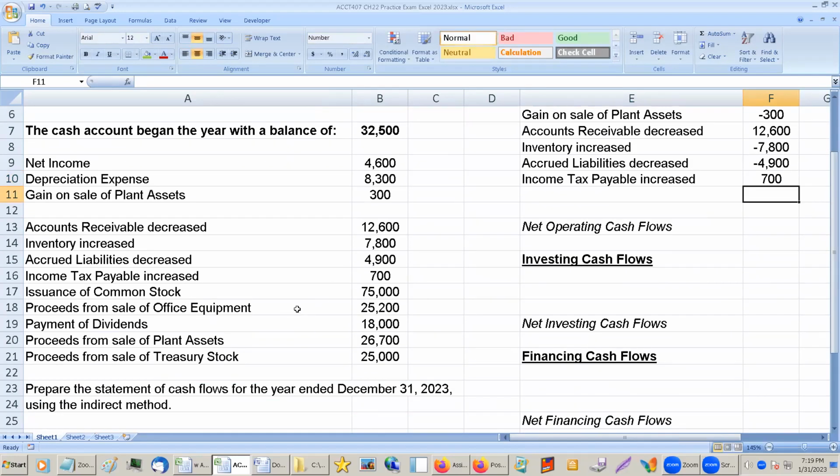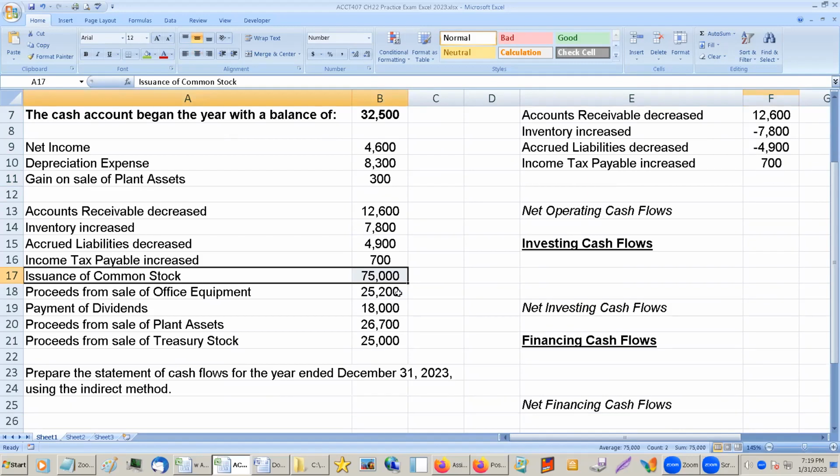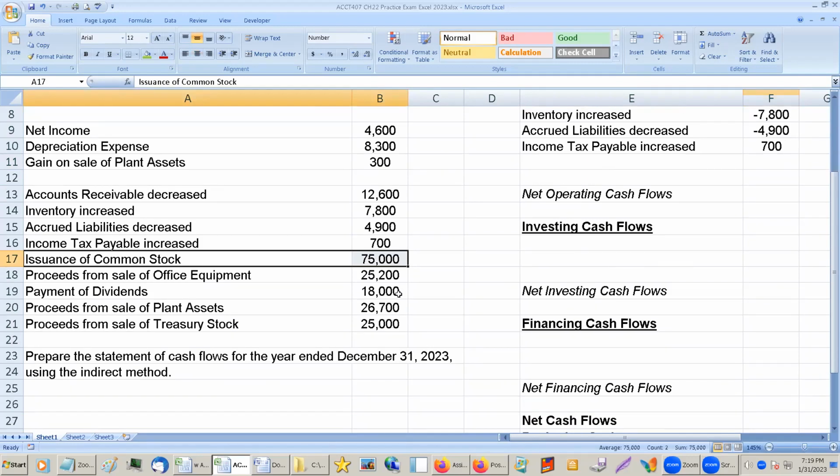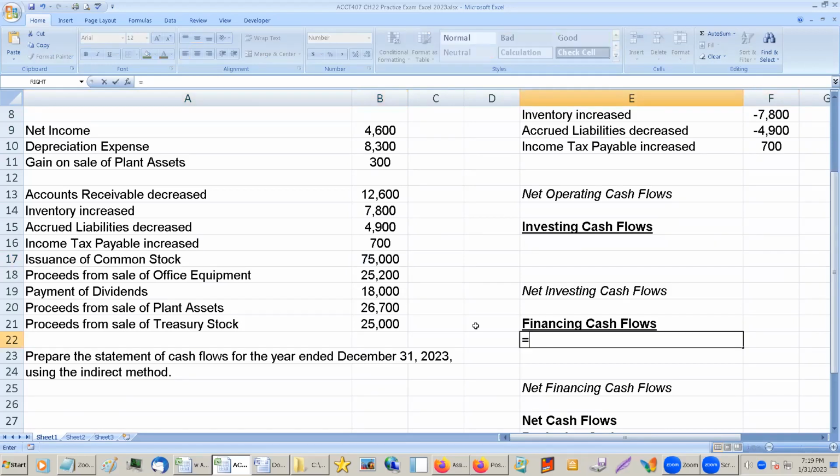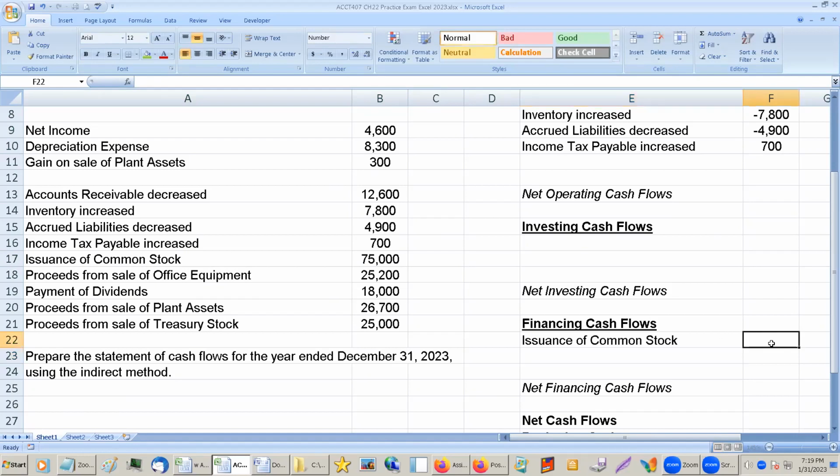Okay, issuance of common stock. Where does that go? In the financing section. Yep. Plus or minus? Plus, increase. Yep. Okay. Yeah, issuance is the same thing as selling.